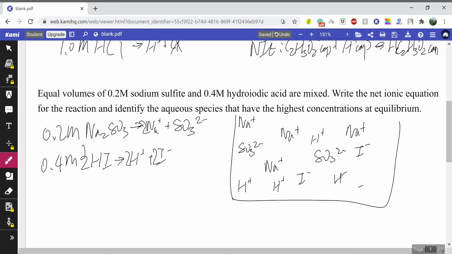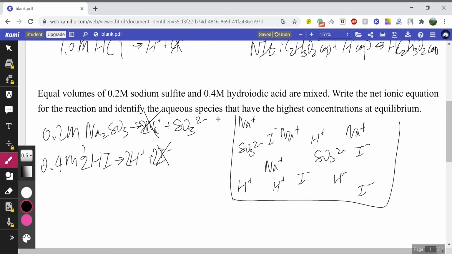As explained earlier, I minus has no affinity for water, so we cross it out because HI is a strong acid, so this is too weak. Na plus is also too weak, so it's also crossed out. Leaving the only things that can form bonds together: H plus and SO3 2 minus.